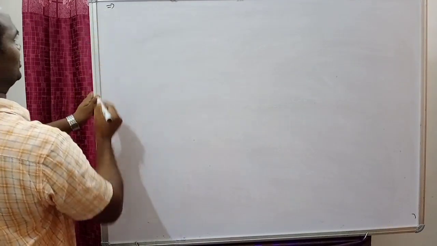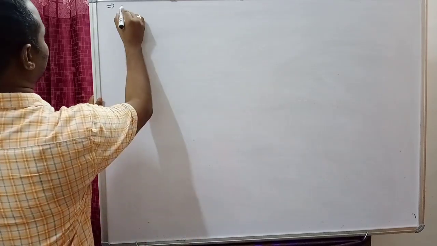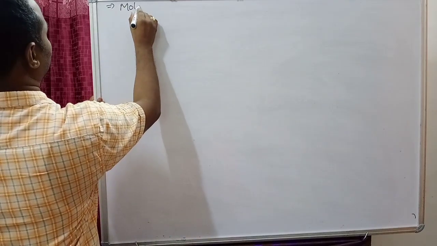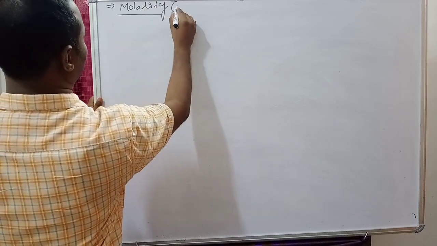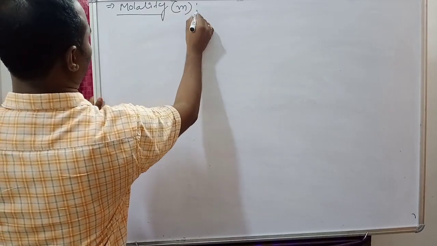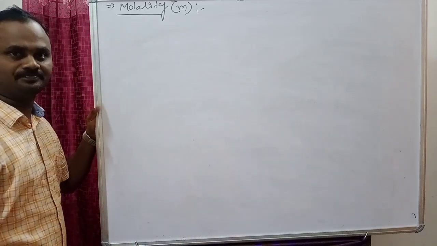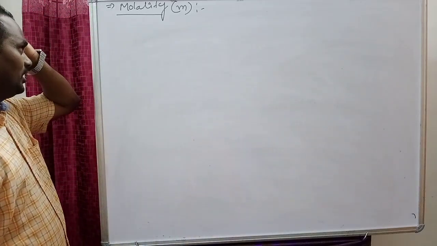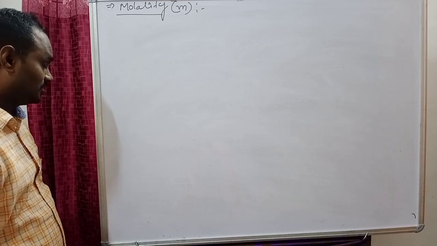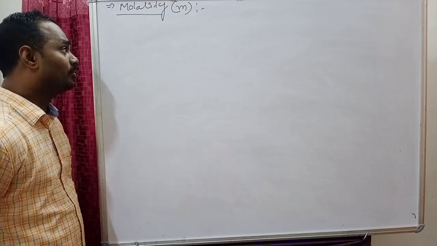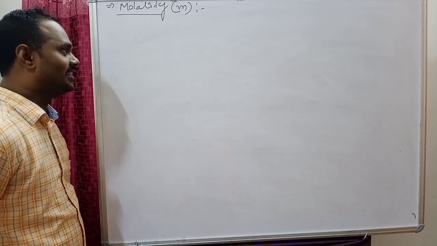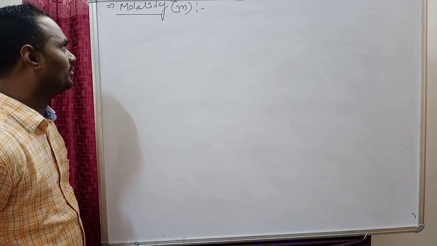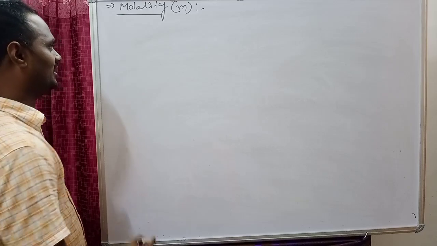Now we are going to discuss another concentration term, molality, denoted with small m. Molality definition: first you have to see, the number of moles of solute dissolved in 1 kg of solvent is known as molality.